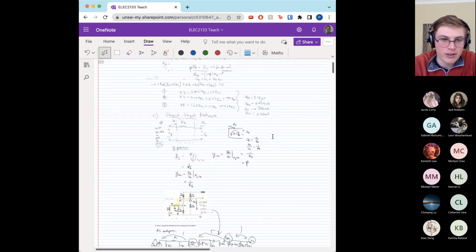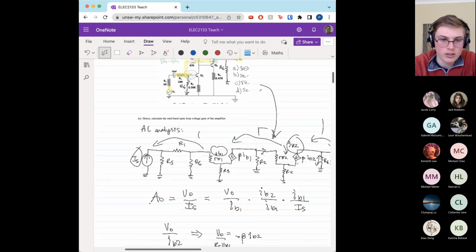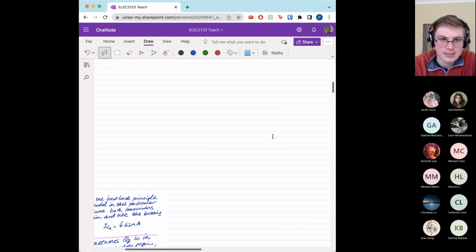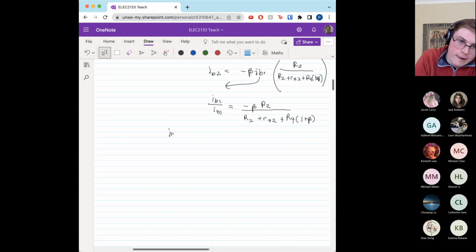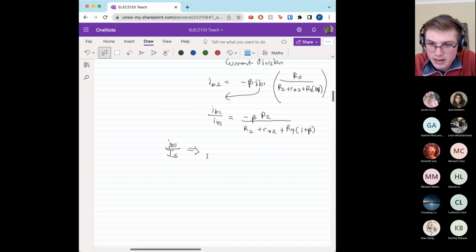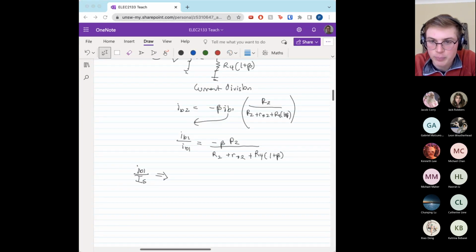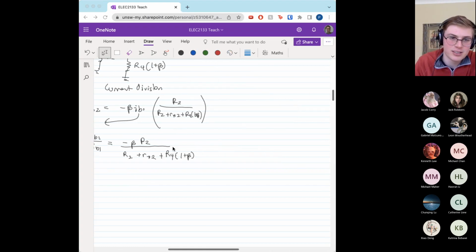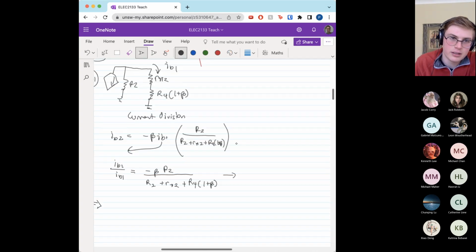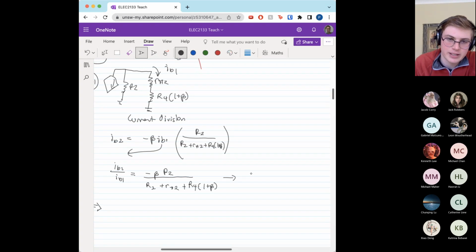So then our final fraction was IB1 on IS. So let's draw our little IB1 by IS. R2 in parallel. I'm using one of the hacky formulas. This is essentially like in voltage division you do R2 on R1 plus R2.